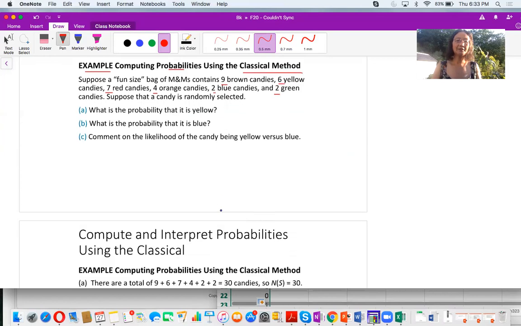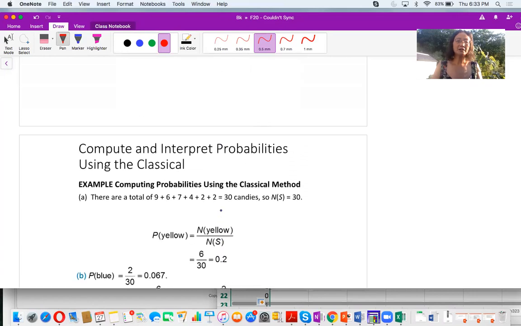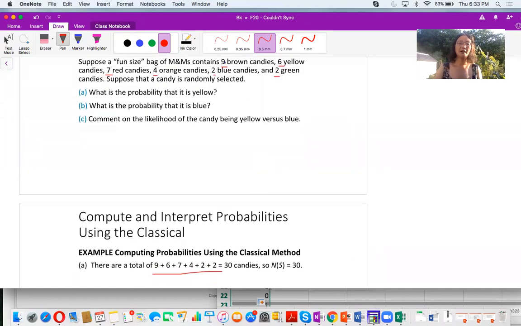When you randomly pick a candy from a bag, what is the probability that candy is yellow? To answer this question, we need to calculate the total number of candies. Based on the description, if you add 9 plus 6 plus 7 plus 4 plus 2 plus 2, you get 30 candies in total.